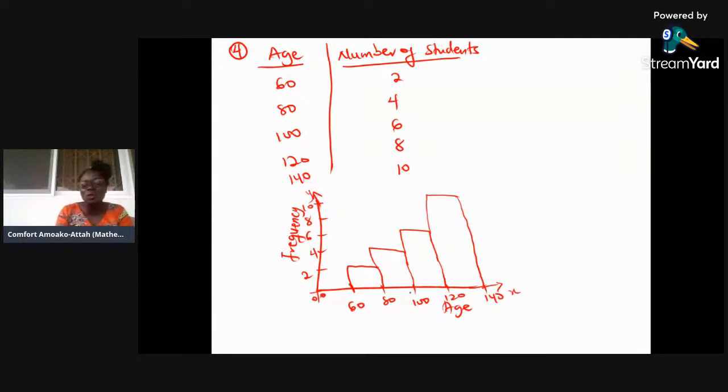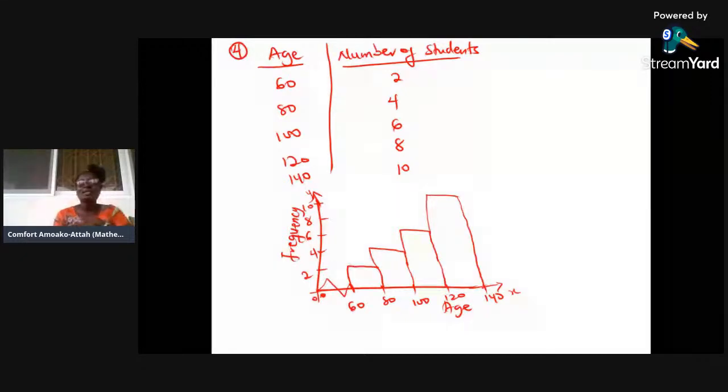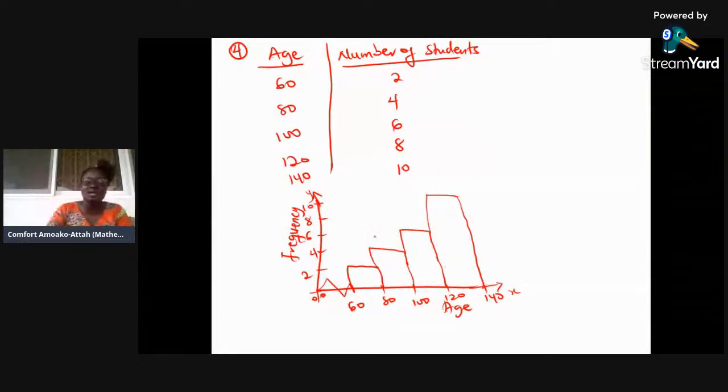From 60 going, you have equal intervals. From 0 to 60, we have some numbers that you didn't bring, so you have to break your axis, telling the examiner that you have some missing numbers here and your interval is constant, that is, they are equal.